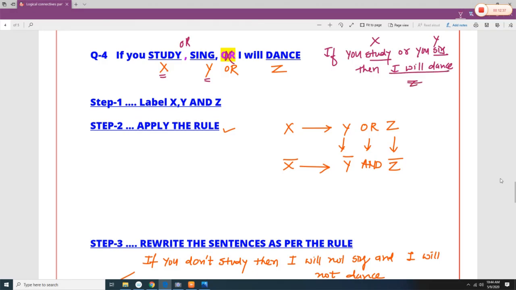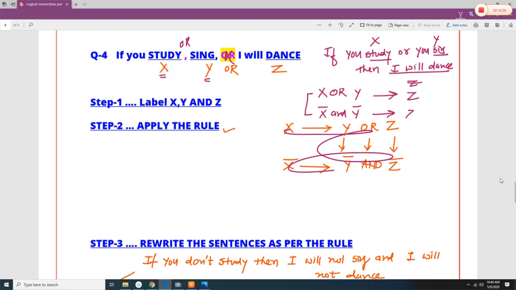So the original is what? Original means if X or Y, then Z, right? Now you have to convert X or Y into X and Y. So OR becomes AND, which means X bar and Y bar leads to Z bar. Now what is X bar?